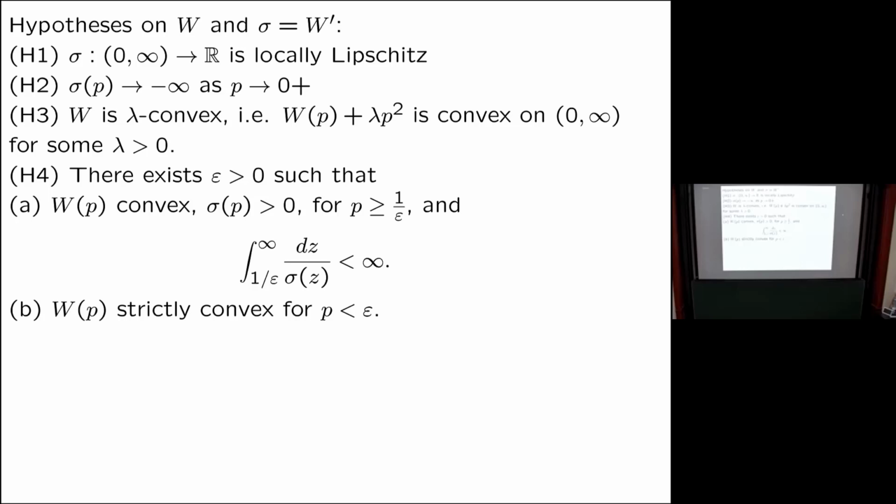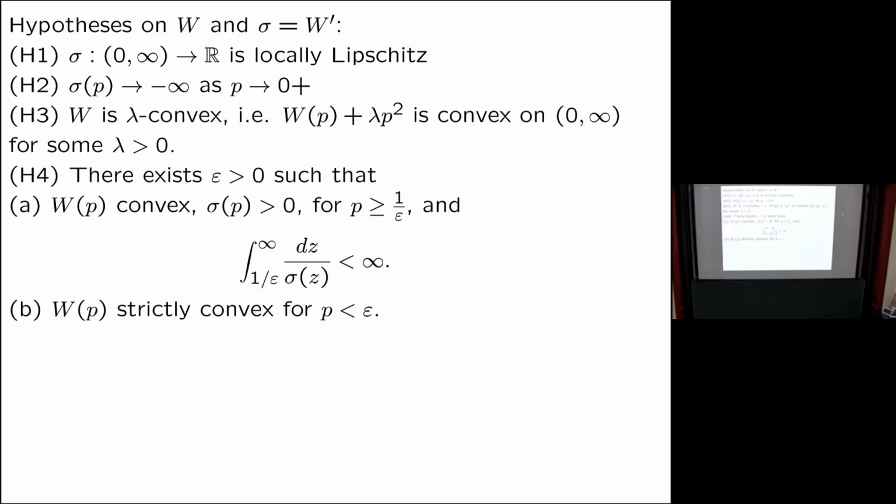And then the fourth one is a pair of conditions for large P and for small P. The first one says that for large P, W is convex and sigma is increasing, so P bigger than or equal to 1 over epsilon, and it goes sufficiently fast to make this integral finite. And the second condition says that for small P, for P less than epsilon, W(P) is strictly convex.